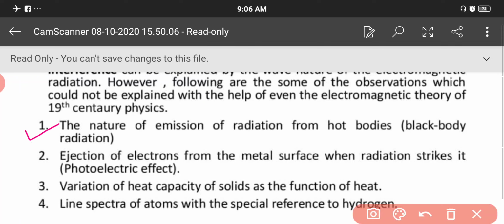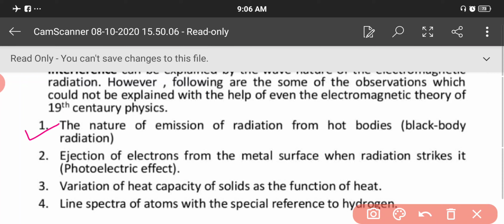Okay, so the first observation is the nature of emission of radiation from hot bodies. Okay, black body radiation means every black body emits some radiation. Second, ejection of electrons from a metal surface when radiation strikes it.